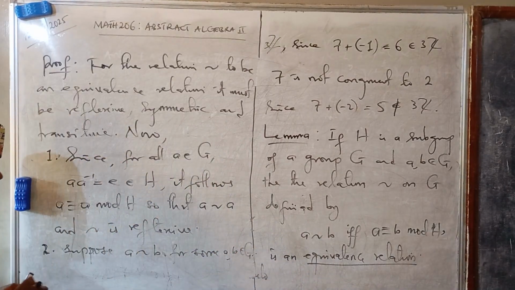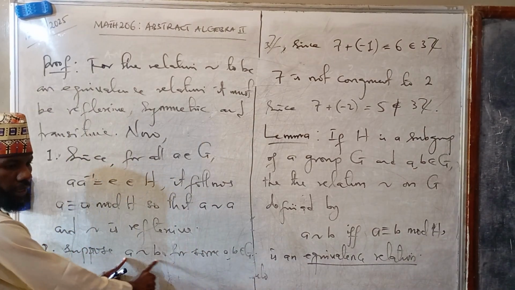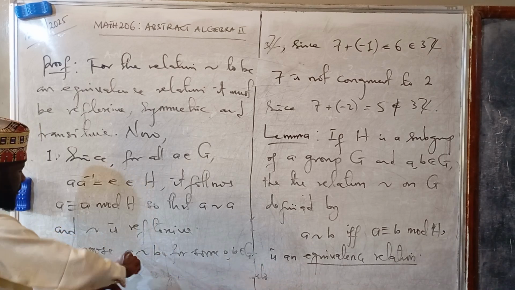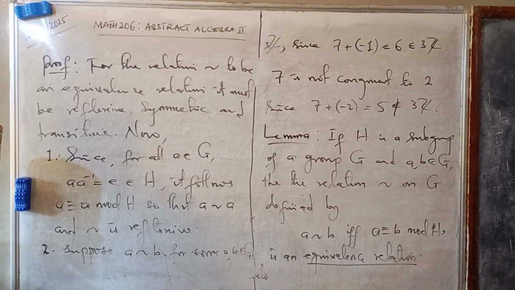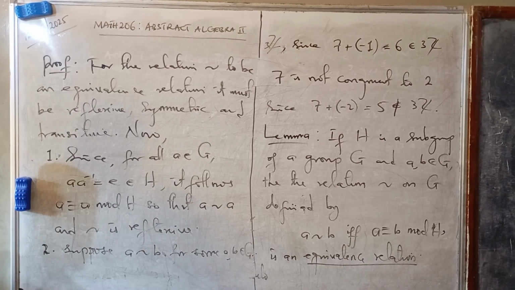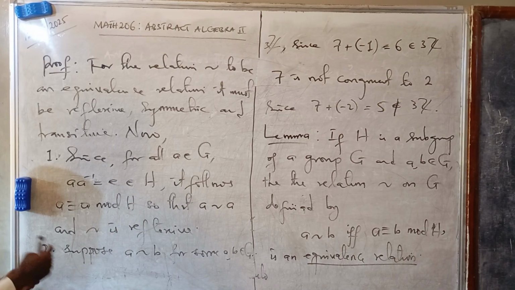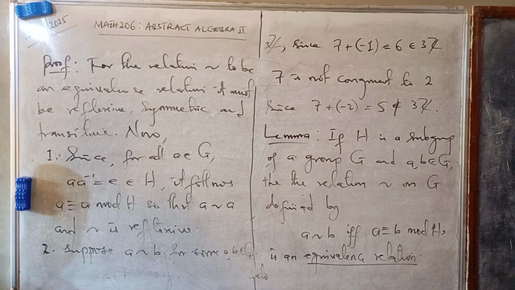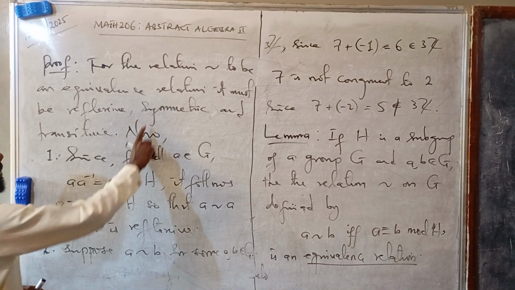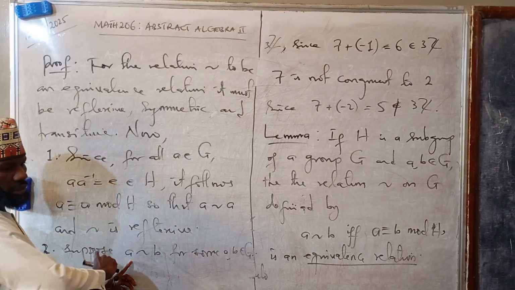Then we want to show that B is related to A, because we want to check symmetry. You did this in your Maths 205 class, when you talked about relations, partial order, reflexive, properties of relations, symmetry, and so on. If you call a relation symmetric, then you are saying that whenever A is related to B, then B will also relate to A.